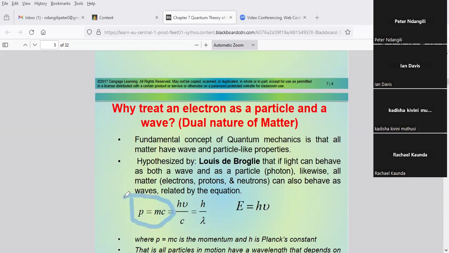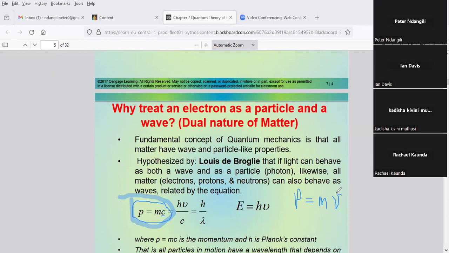If you look at this particular equation, we are saying that momentum, P is for momentum, is equal to the mass of that particular particle multiplied by velocity. This C here is for velocity. When you read books, you find that P is equal to m nu for velocity.